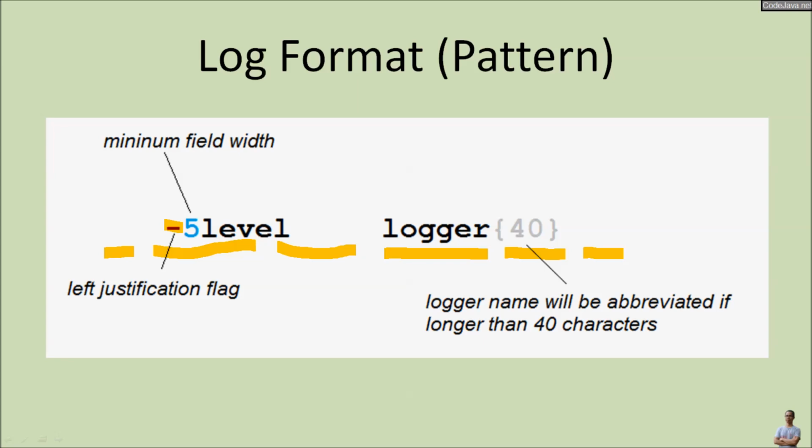If the width of the field is less than the minimum field width, then space will be added to the field. And for the logger name, we can specify this number. If the logger name is longer than 40 characters, it will be abbreviated.